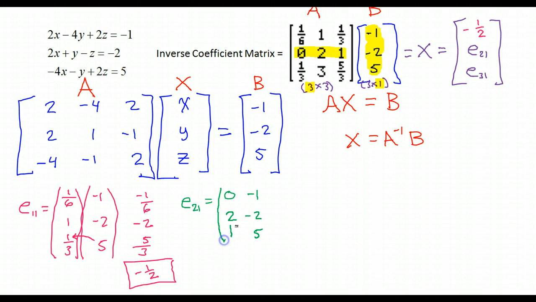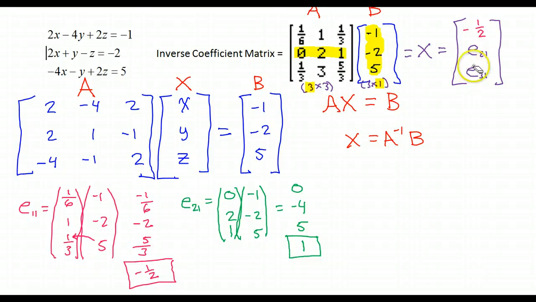All right, so we're doing the second row times the first column. 0 times anything is 0, and then that's -4, and then that's 5. So you can do this in your head and see that that is 1. Okay, so element 2, 1 is 1.